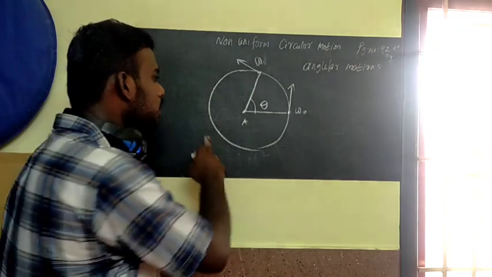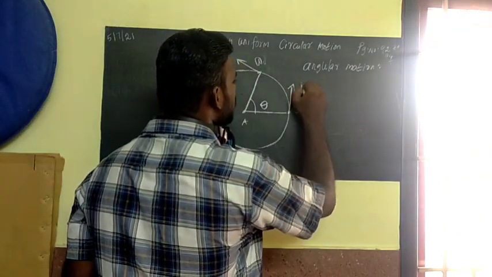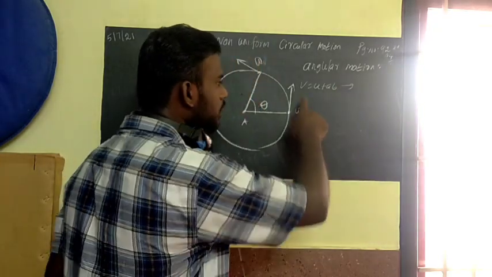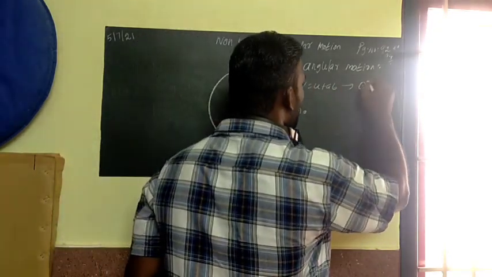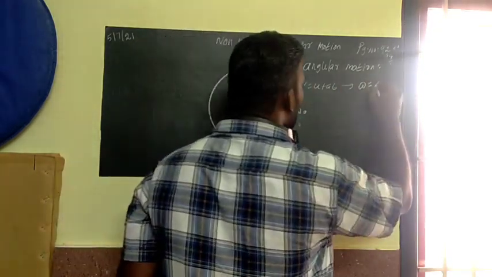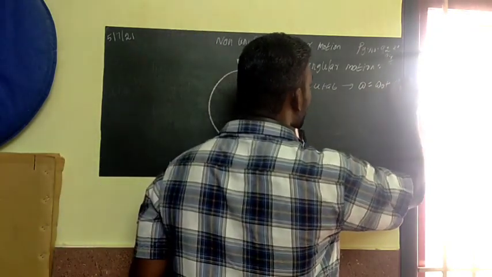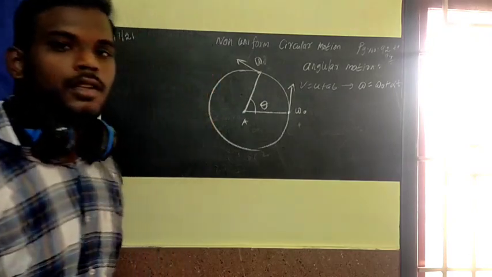In linear motion I wrote V is equal to U plus AT. In angular motion, in place of V we have omega, in place of U we have omega naught, plus in place of A we have alpha into t.